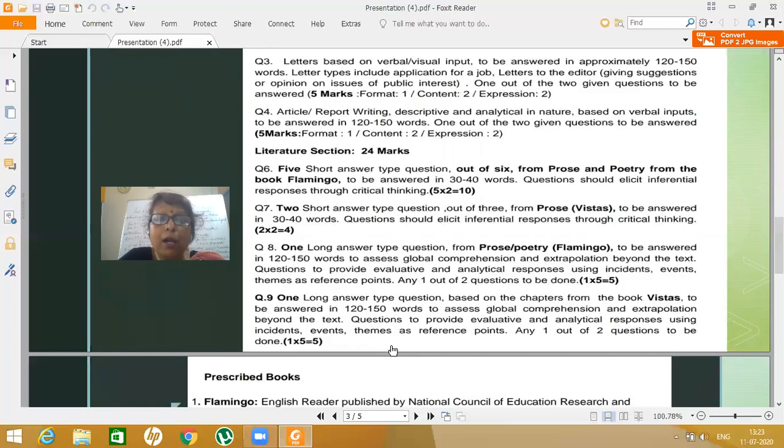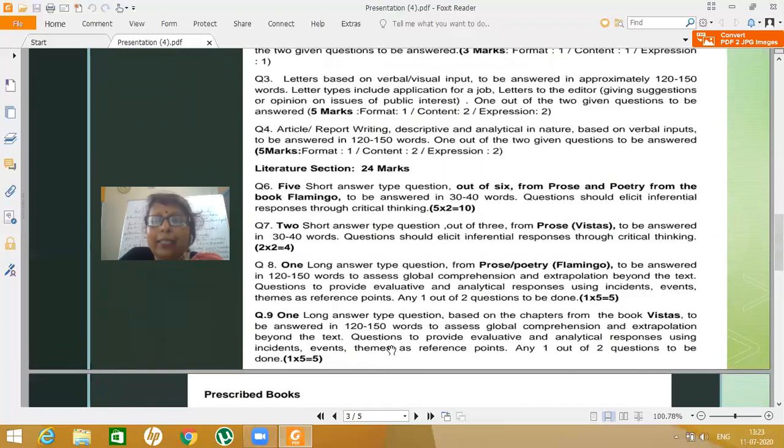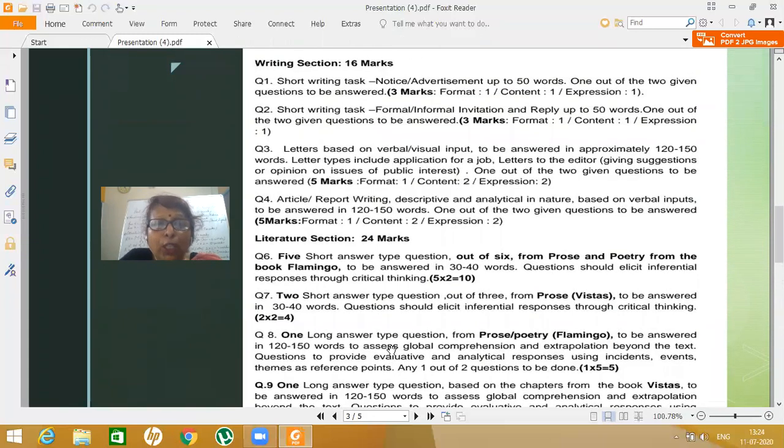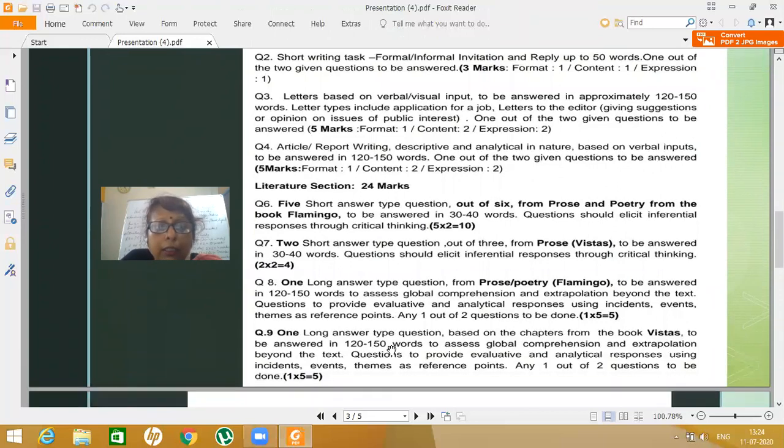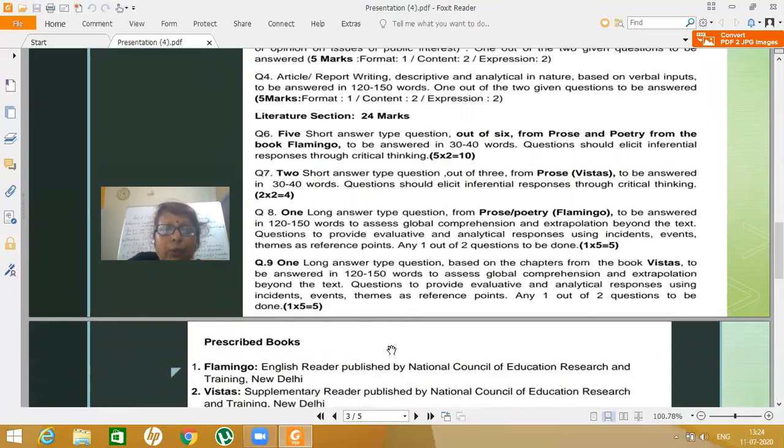So all 5 marks questions, be it in the writing section, that means your letter, your article, report writing, and the long answers from Flamingo and Vistas, they will be of 120 to 150 words, and the marks will be 5. And the short questions of 2 marks are going to be of 30 to 40 words. You are not exceeding the word limit, you know that. Repeatedly, we tell you this.